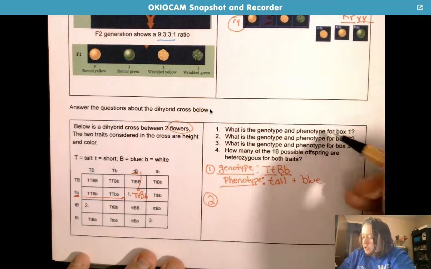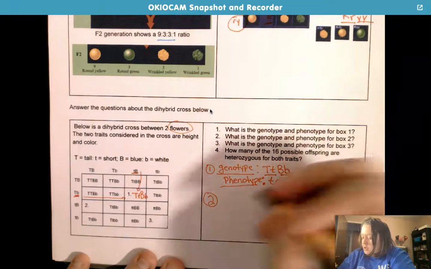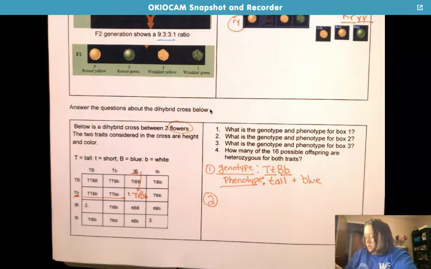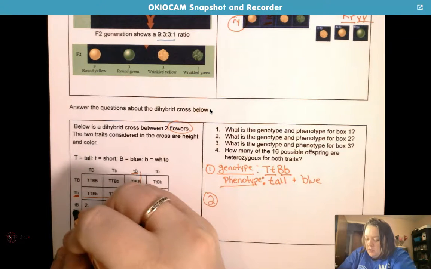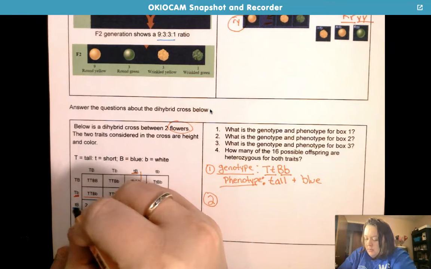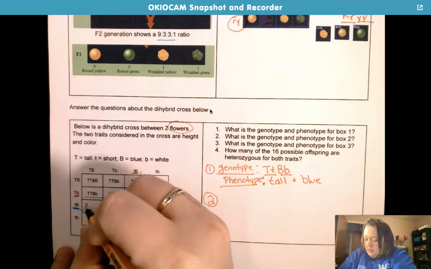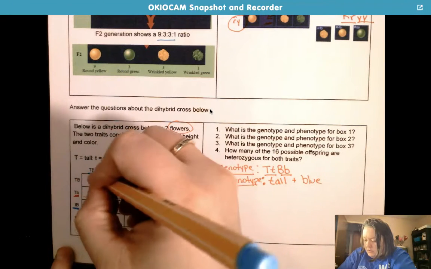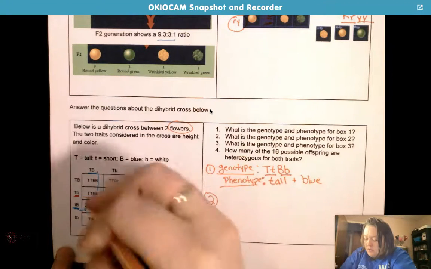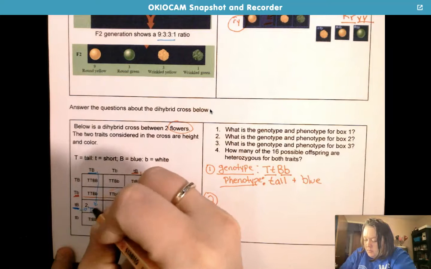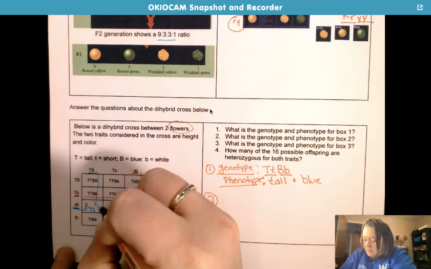Number 2, what are the genotype and phenotype for box 2? I'll switch colors. Let's go to blue. So for box 2, when we're looking at our genotype, this parent is going to give these letters, and they will combine. For T's, there will be a big T and a small t, and two large B's.